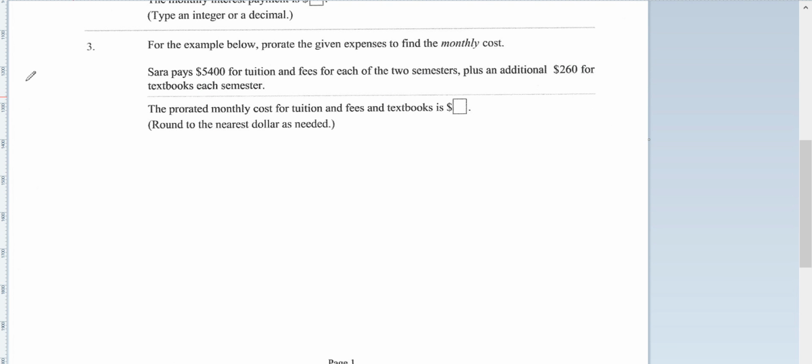Okay, well, that's not too bad. $5,400 times 2 is 10,800. And then the second part, plus an additional $260 for each semester, so 260 times 2, and that's going to give you 520.